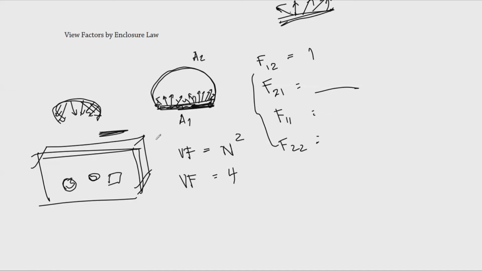That's impossible because all the rays are going out from this with an angle that is less than pi over 2. So with that, F11 should be equal to 0 simply because it cannot see itself. But F22, this concave material, would see itself. So it's not 0, but it's not also 1.